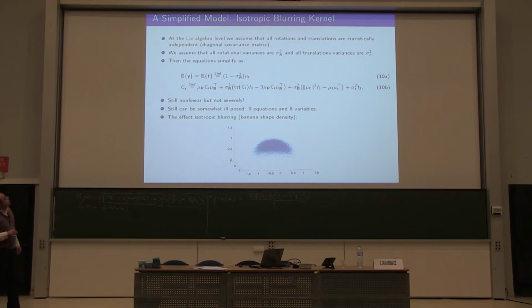And just to give an idea how this, what we call the isotropic Deblurring kernel looks like, this is what you can achieve by Deblurring basically a unit vector with sigma r and sigma t, the SE3 Deblurring that I mentioned here. So the original thing is at the middle, a unit vector, and this banana shape is after you try to blur it.